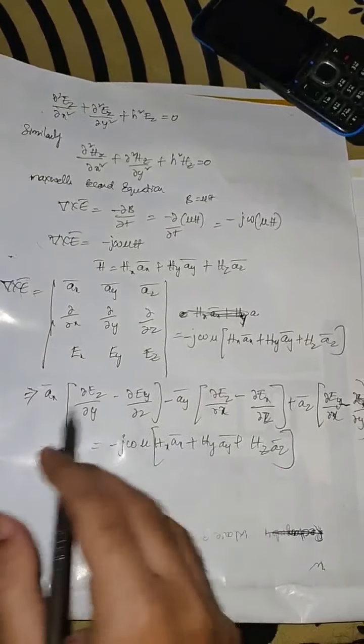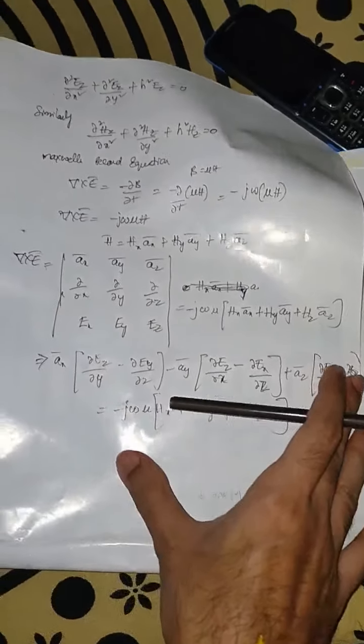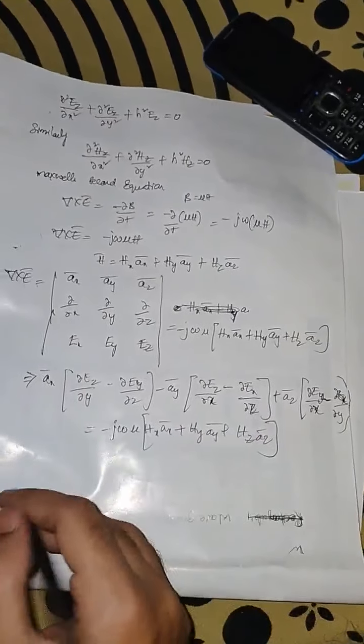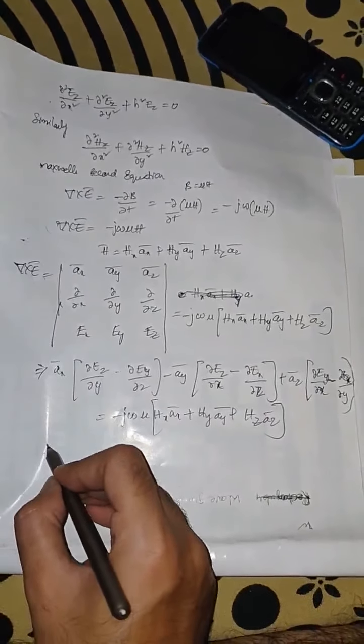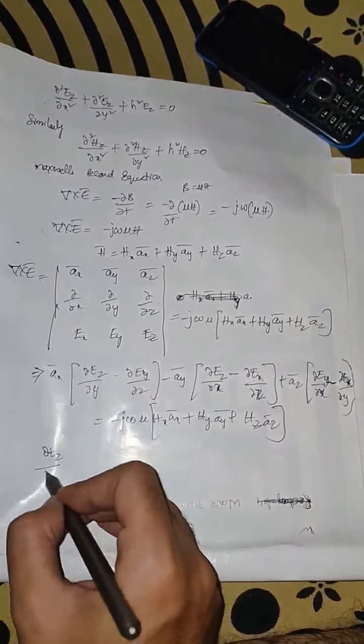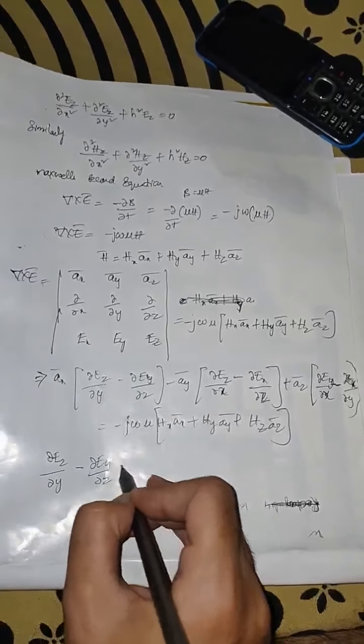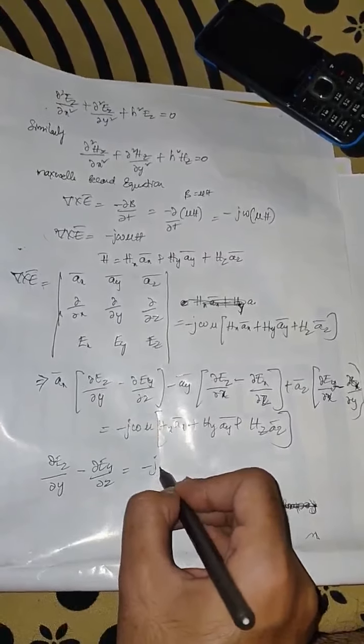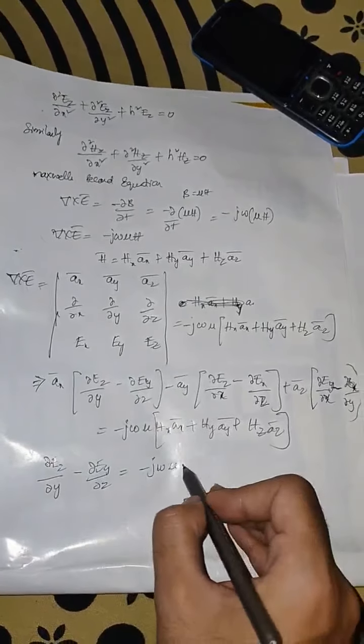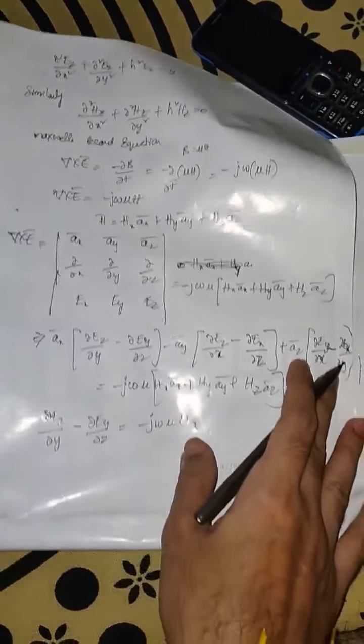Okay, if you equate the ax terms, ay terms and az terms on both sides, the equations come like this. ∂Ez/∂y minus ∂Ey/∂z is equal to minus j omega mu Hx.